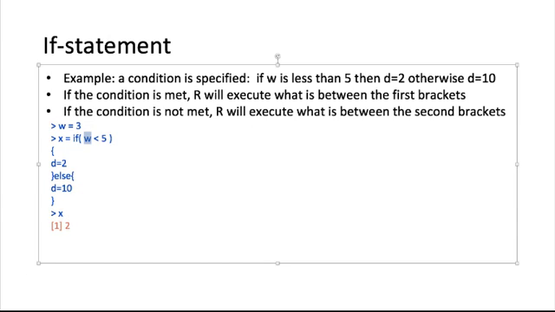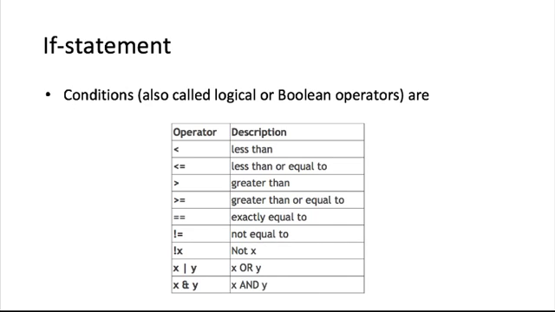Okay. So the greater than, less than sign are not the only operators that we can use. They're called Boolean operators that we can use to evaluate a statement. There are actually many Boolean or logical operators. There are many operators that we can use to evaluate conditions. We've seen the less than.